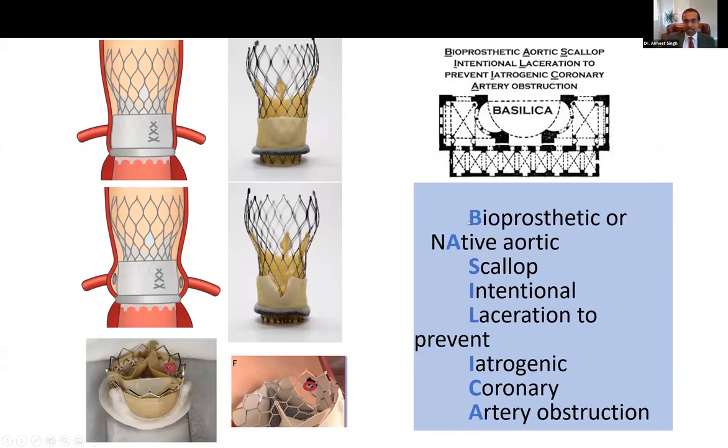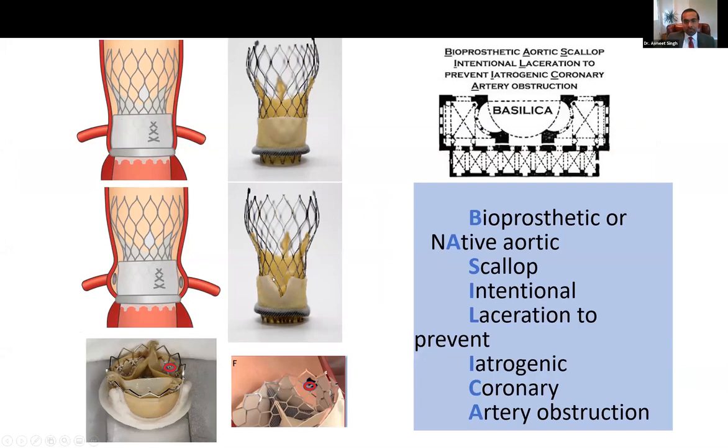BASILICA essentially is described as bioprosthetic or native valve scallop intentional laceration to prevent iatrogenic coronary obstruction. The tube graft that may get created because of putting a TAVR valve inside the surgical valve can obstruct the coronary arteries.